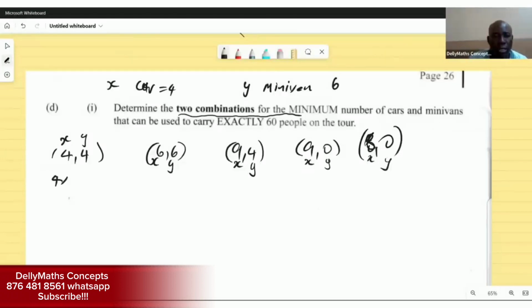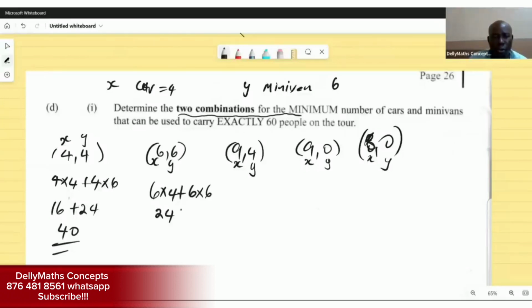It would be 4 times 4 plus 4 times 6: 16 plus 24, that is 40. So that's not it. But (6, 6): 6 times 4 for the cars plus 6 times 6, 24 plus 36, that is 60. That's one of the options that can work.